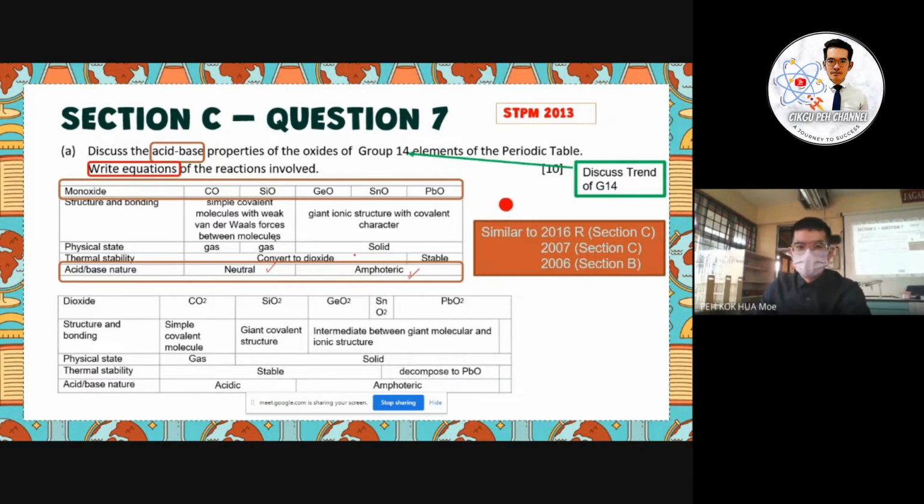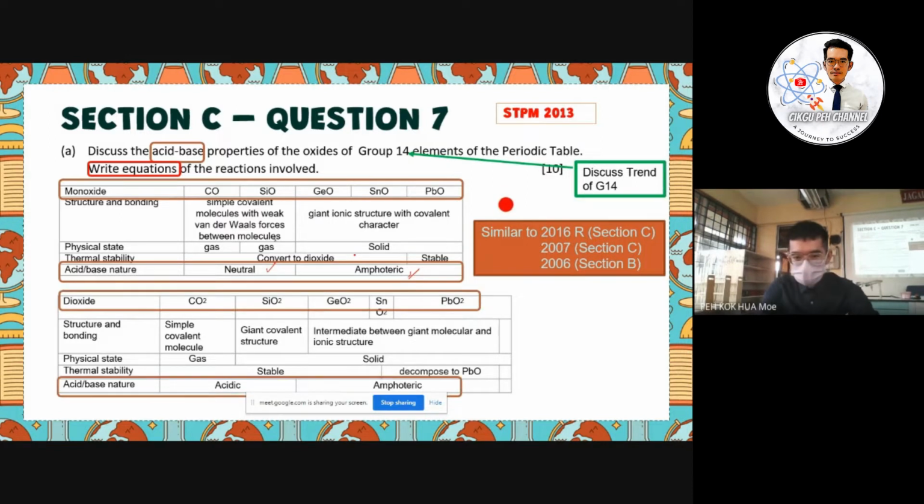And then, second, you have to discuss the other oxide of group 14, which is the dioxide group. Carbon dioxide and silicon dioxide are acidic, and germanium dioxide, tin dioxide, and lead dioxide are amphoteric.